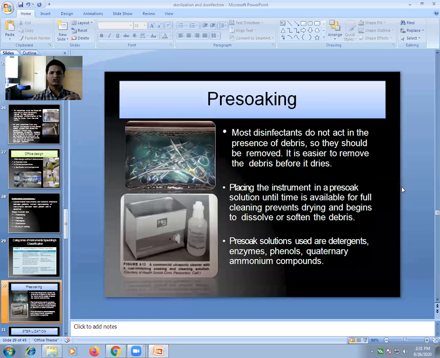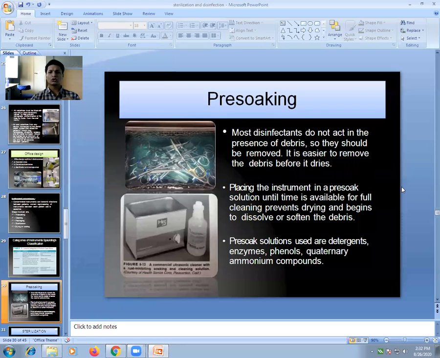The next thing, pre-soaking. First step. What is pre-soaking? Most disinfectants do not act in the presence of debris, so it should be removed. It is easier to remove the debris before it dries. Placing the instrument in a pre-soak solution until time is available for full cleaning prevents drying and begins to dissolve or soften the debris.